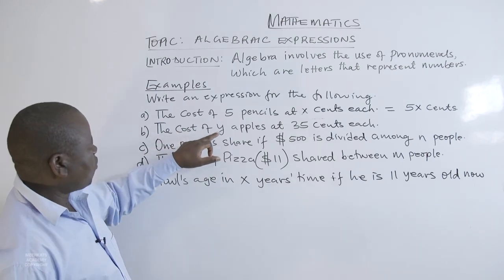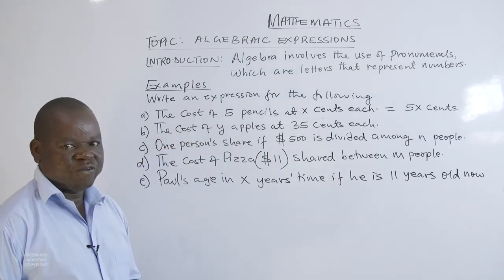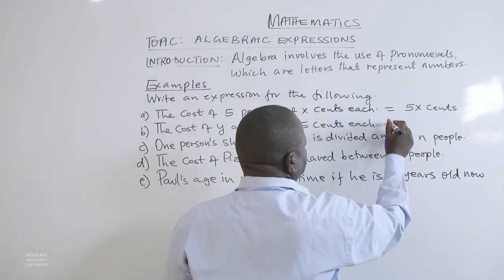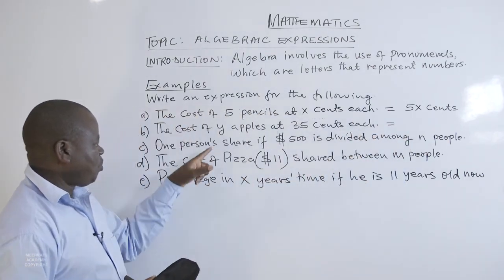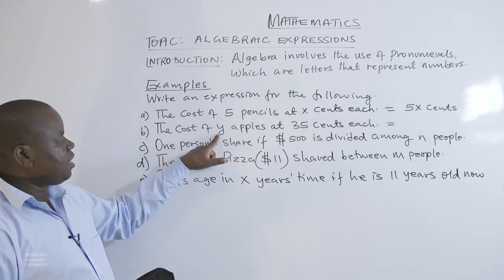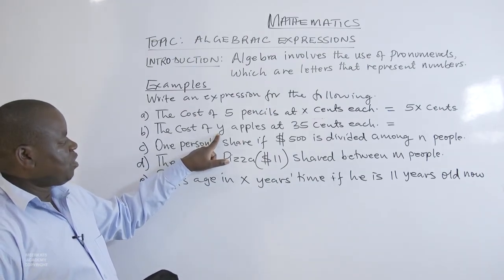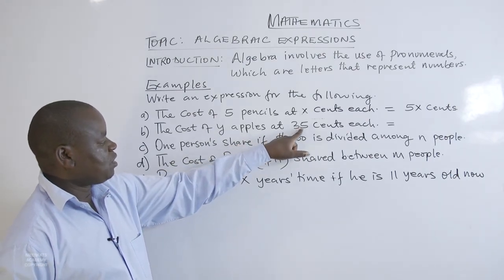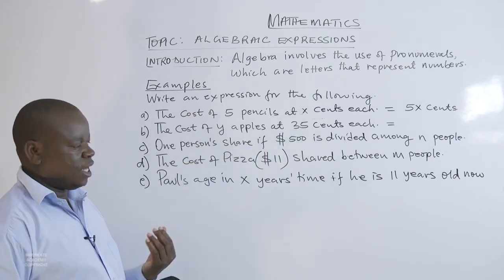Now, the cost of Y apples at 35 cents each. This one you also just multiply. An apple costs 35 cents, but they are Y. We don't know the number.